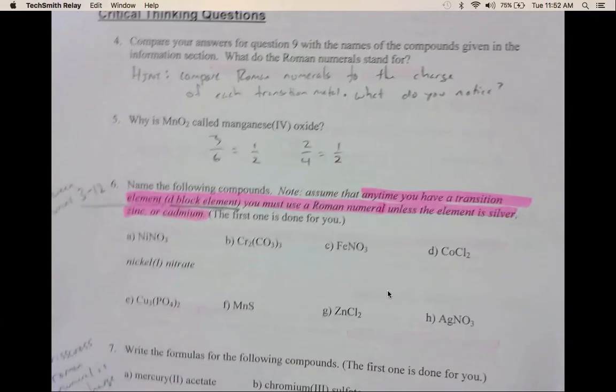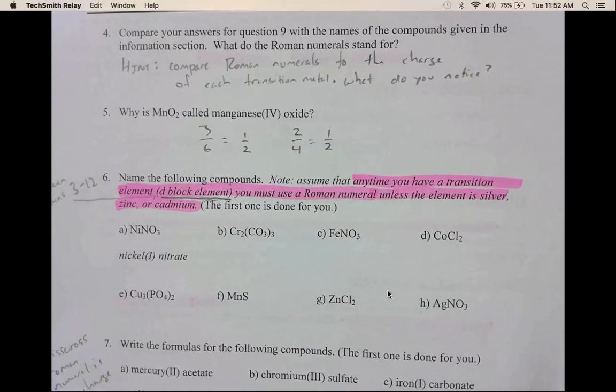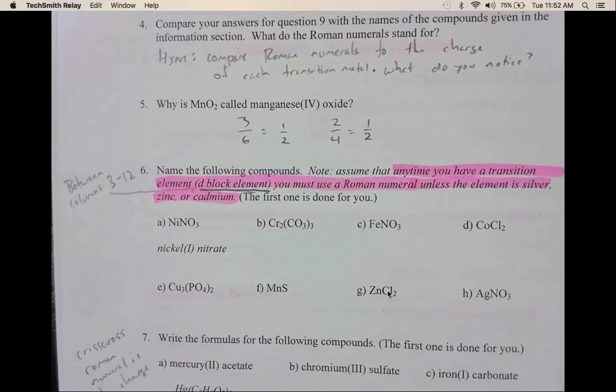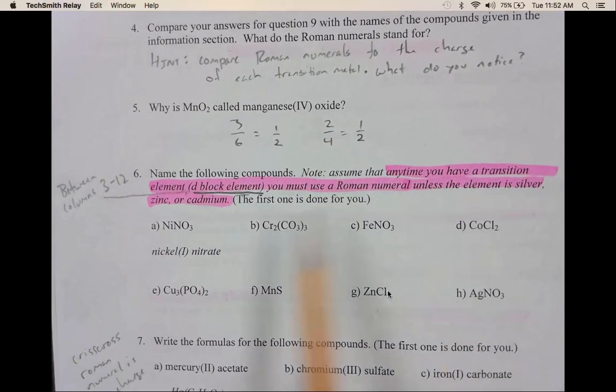So next, question 6. Question 6 is asking us to name the following compounds. Remember, anytime we have a transition metal from the D block, which is columns 3 through 12, you must use a Roman numeral unless the element is silver, zinc, or cadmium. You have to remember that the Roman numeral tells us the charge. That Roman numeral is important so we know the charge of the transition metal we are dealing with.